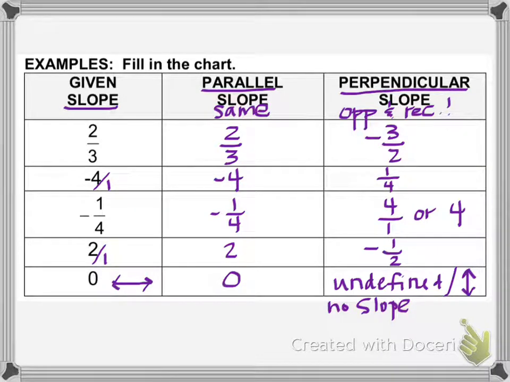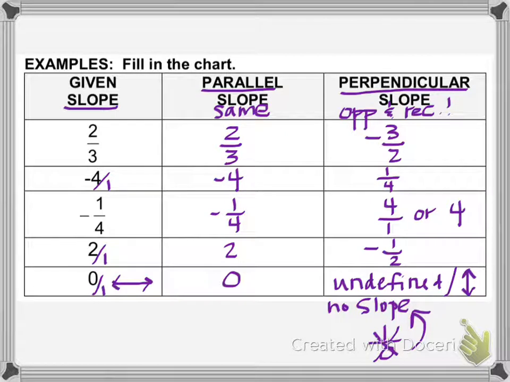Opposite of a positive 0 is a negative 0. It doesn't really make sense because 0 is not positive or negative, so it just stays 0. And then if you put 0 over 1 and flipped it, you will get 1 over 0, and anything divided by 0 is just going to be no slope. So if you put that in the calculator, it'll just say error or something like that. Okay? So keep in mind those special cases.